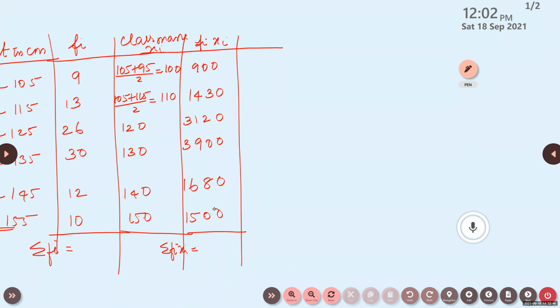Now you add all the data. What is sigma fi xi? Find out the sum.